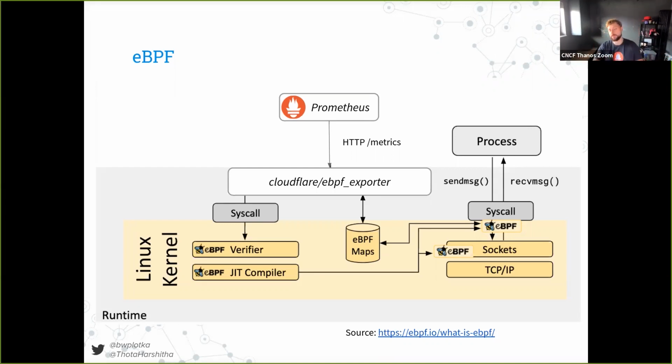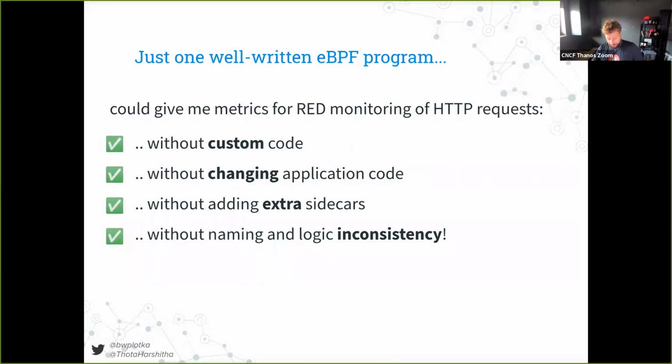Sounds very easy, right? And indeed, it actually matches lots of elements from our goal. You can implement one eBPF application that will hook into the places you want in order to gather those HTTP request statistics.